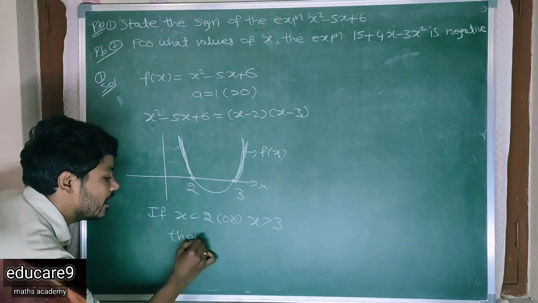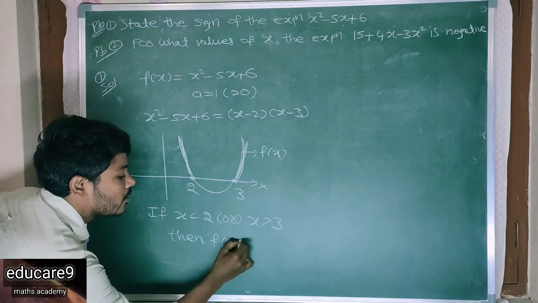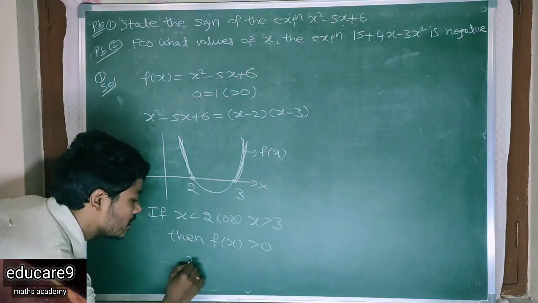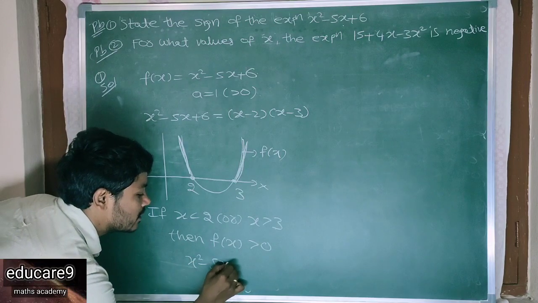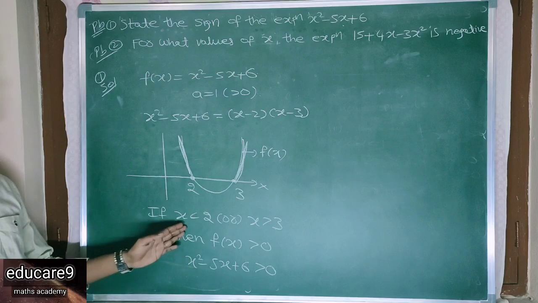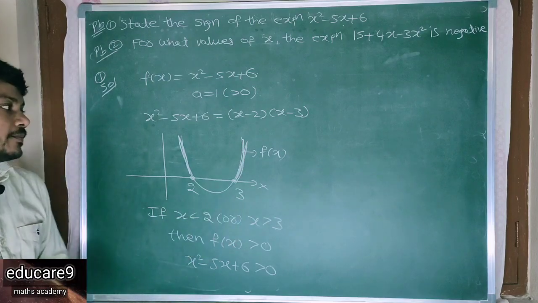Then f of x is positive. So what is f of x here? x square minus 5x plus 6 is positive when x less than 2 or x greater than 3.